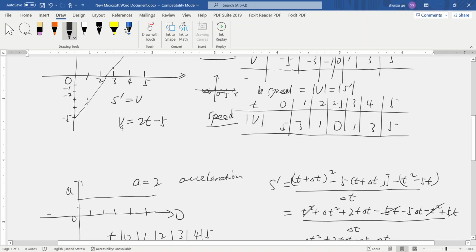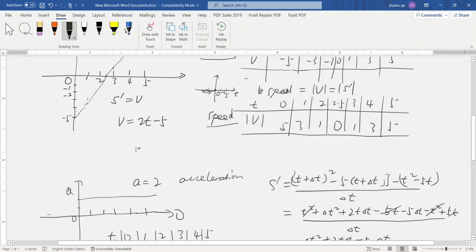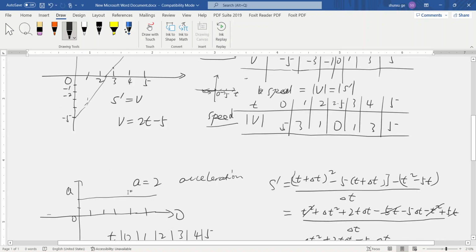And here is velocity. For the velocity, we take the slope at every point to get acceleration. Because this tangent line is the same everywhere, the acceleration is the same.